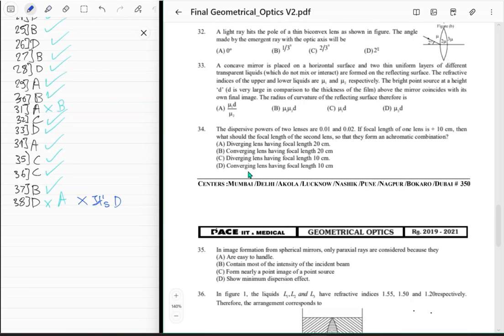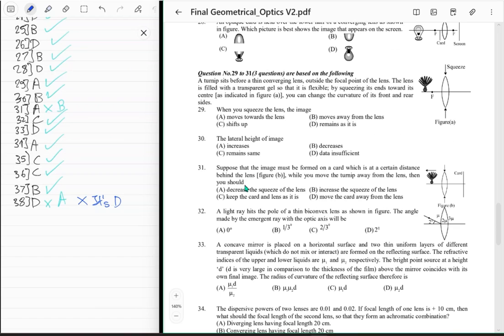31st. So they are saying A is not correct, B is correct. Suppose that the image must be formed on a card which is at a certain distance behind the lens.